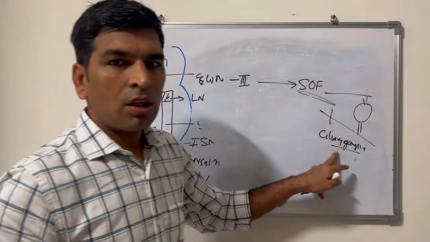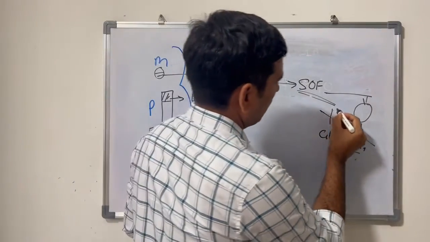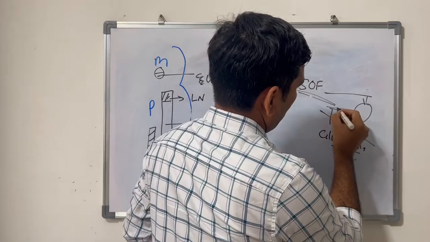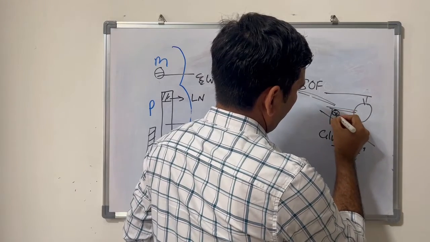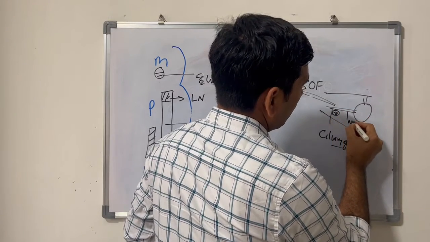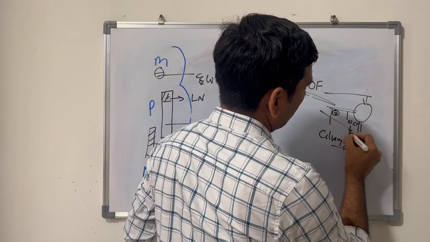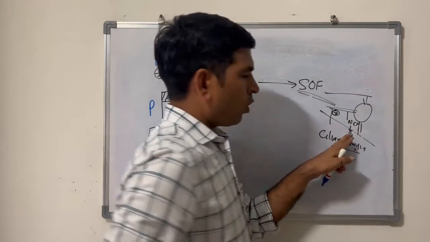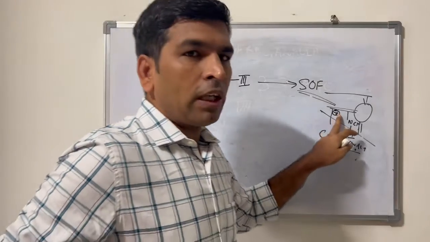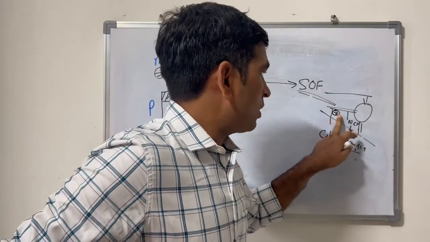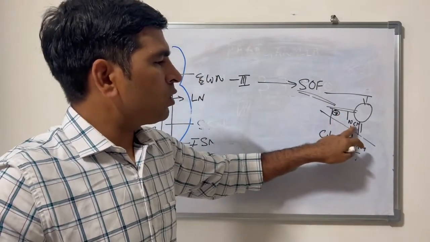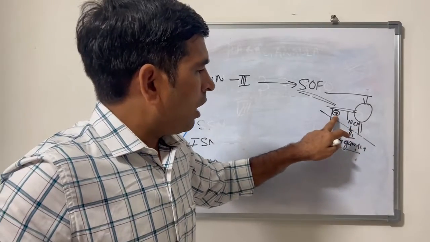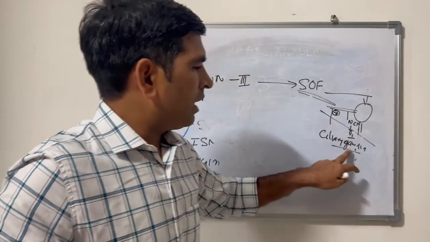which is situated on the nasociliary nerve of V1. The ophthalmic nerve has nasociliary, frontal and lacrimal branches. This V1 nasociliary branch has one ganglion, that is called the ciliary ganglion.